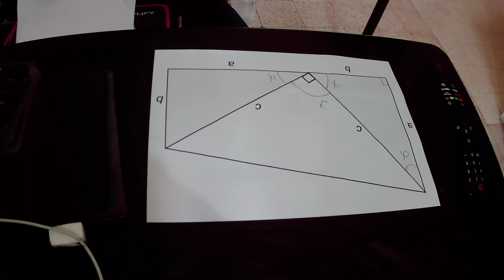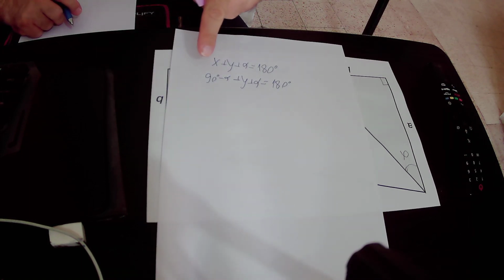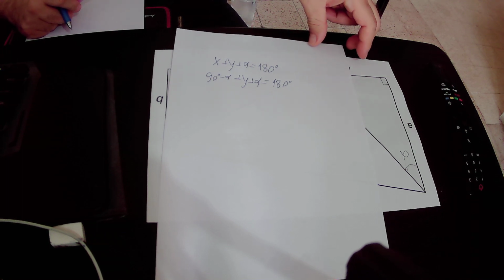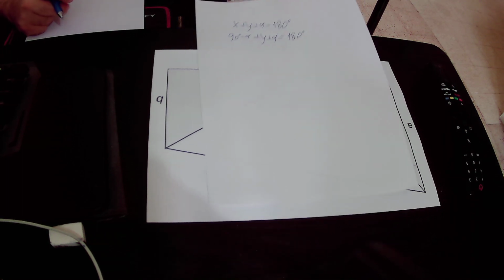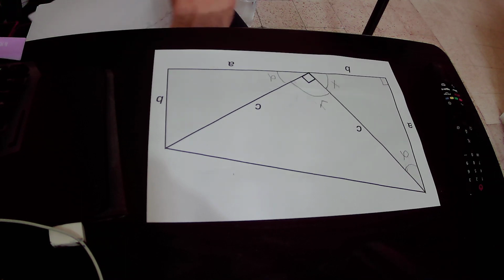And then we will get that, so we substituted x by 90 degrees minus alpha, and we get that 90 degrees minus alpha plus y plus alpha equals 180 degrees. But minus alpha plus alpha is equal to 0, so we can eliminate alpha from the equation.